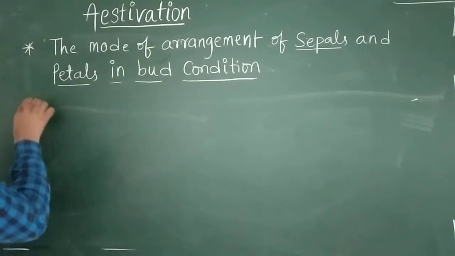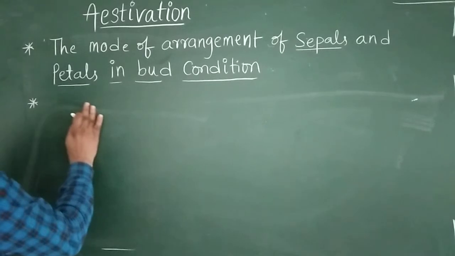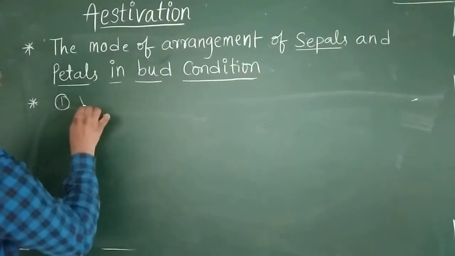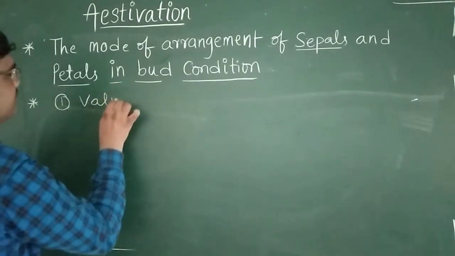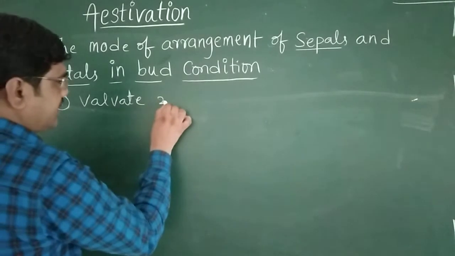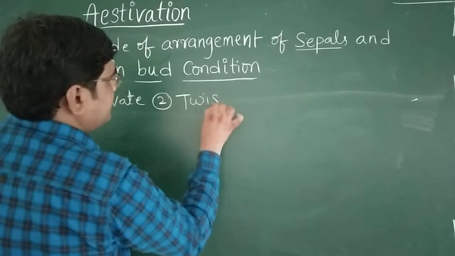There are four types of estivations present in angiosperm flowers. The first one is valvate estivation. The second one is twisted estivation.